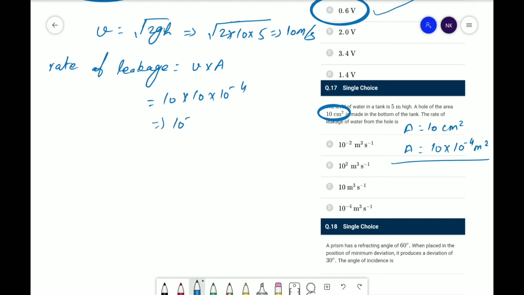Hence 10 to the power minus 2 meter cube per second. The first option is the correct one.